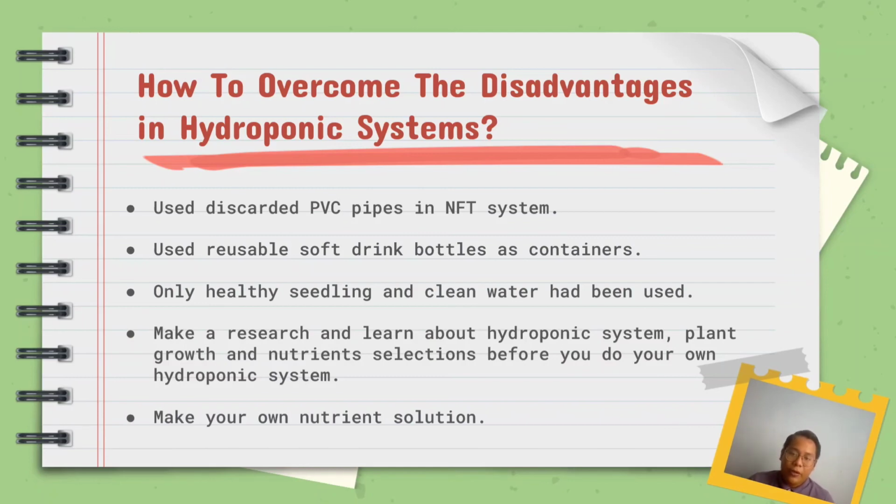The last way to overcome these disadvantages in the hydroponic system is to make your own nutrient solution. If you make your own nutrient solution, you not only can control the nutrients that the crops get, you can also make sure that the solution your crops get is healthy and in good condition.